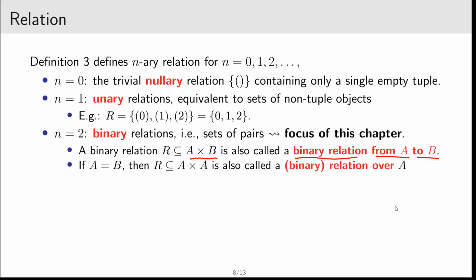So from A to B. Now, if A is equal to B, then the binary relation R over A times A is simply called binary relation over A.